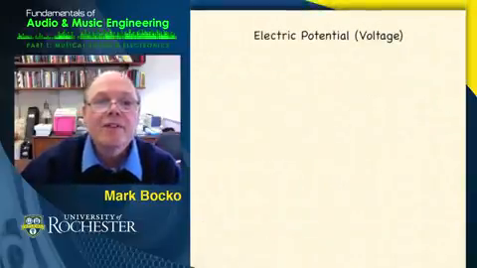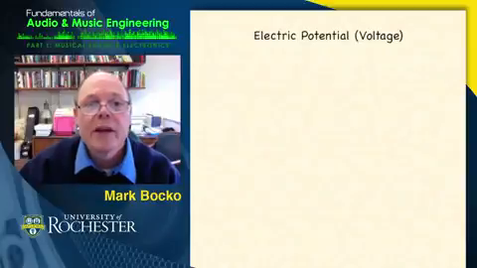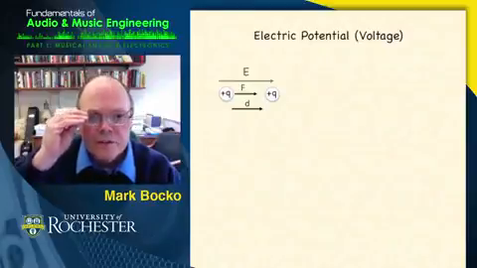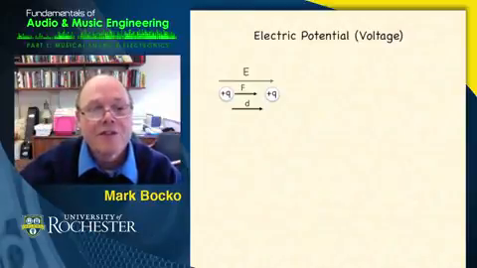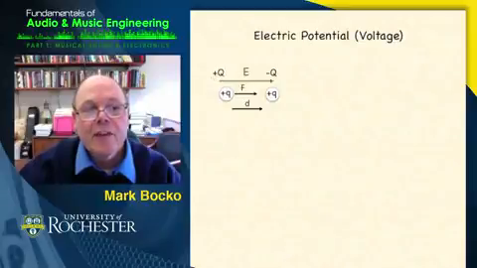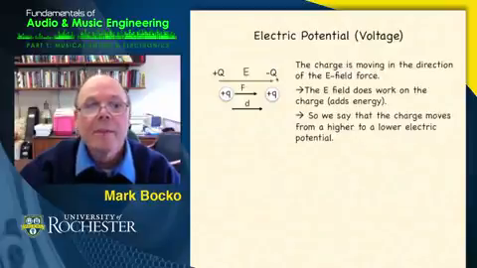Okay, now that brings us to the idea of electric potential, or voltage. Now, back to the same picture. If I'm letting a charge move along the direction of an electric field, let's go back and think for a second. That electric field would have been produced by segregating some plus charge and negative charge like this. Imagine these were two plates, and I put plus Q on that one and minus Q on that one.